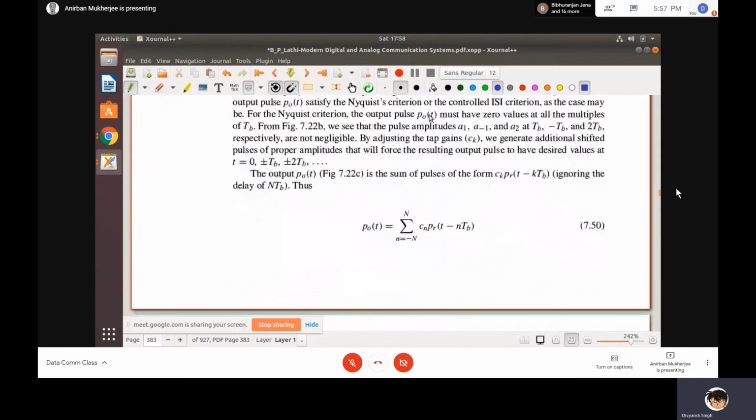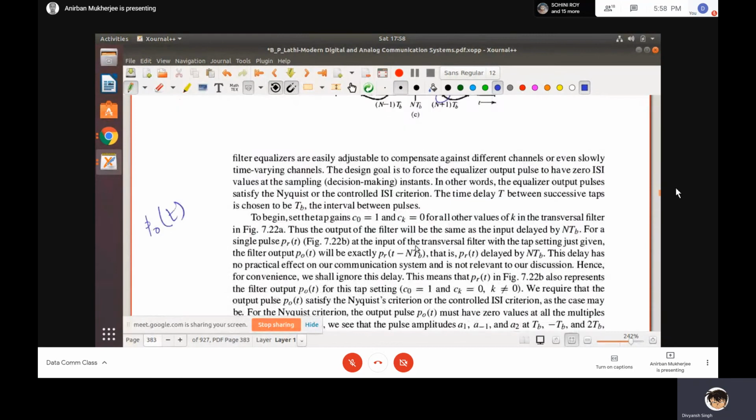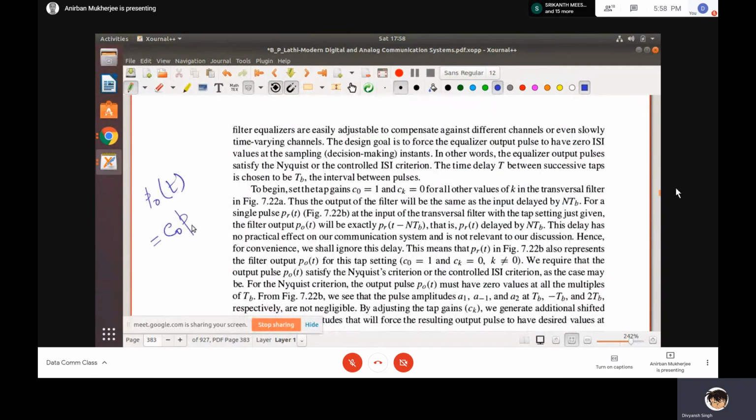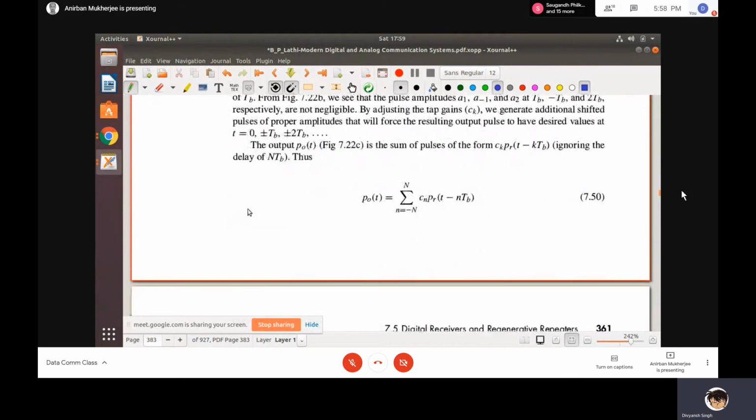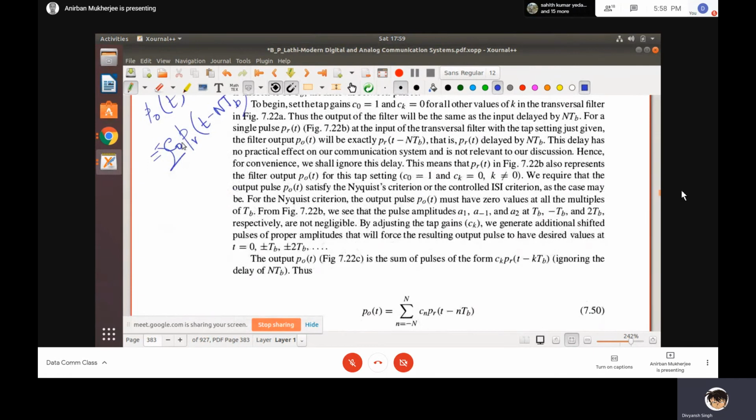Okay. So instead of earlier, where I took P0T, the output is C0 into PRT minus N. If you remember what I have done earlier, this is C0 into PRNT minus T. That means earlier I was trying, okay, let's see, C0 PRT minus N. Instead of that, what I am doing is putting a sum instead of C0, a Cn, n equal to minus n2 plus n.